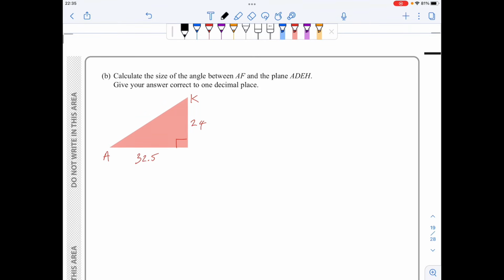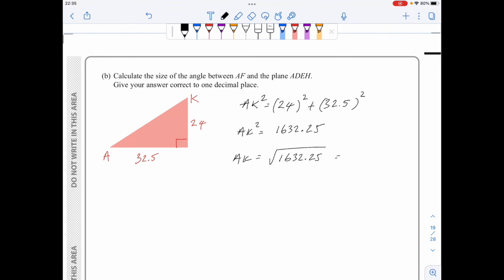So using Pythagoras theorem, AK squared is equal to 24 squared plus 32.5 squared. So AK squared comes out to be 1632.25. So AK is the square root of this number. This comes out to be approximately 40.40 and so on.